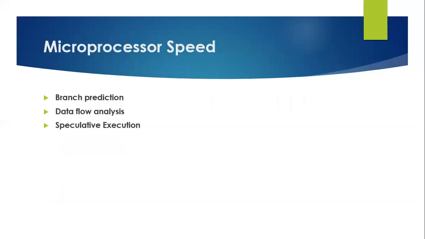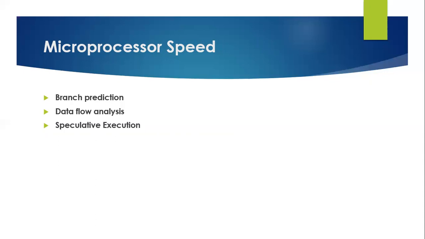So how can we improve the performance of your computer? For that we have different techniques. Of course, the performance depends upon the speed of your microprocessor. Let's see how we can increase the speed of your microprocessor by using a few techniques. So the first technique is branch prediction.